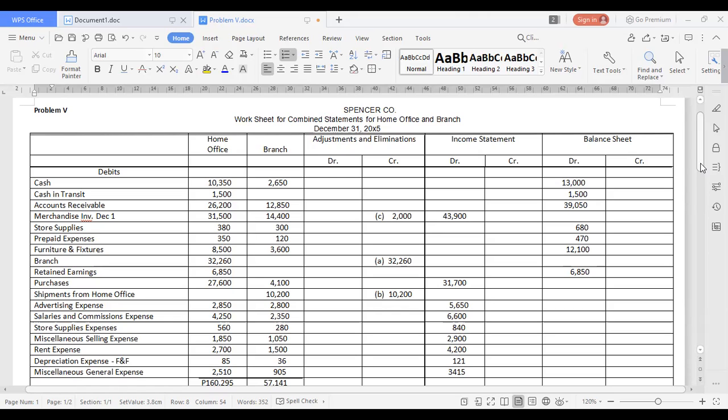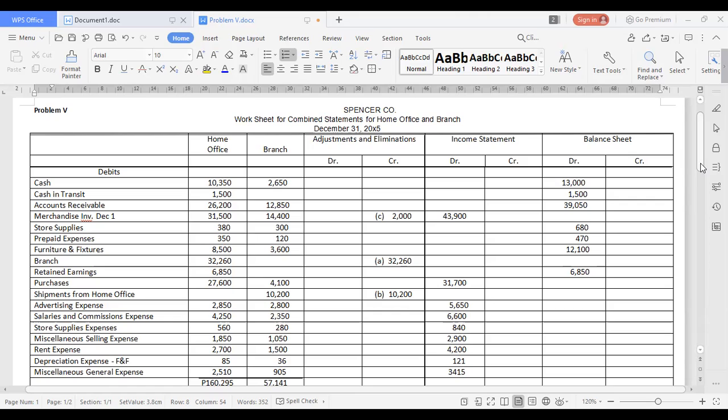So we add 260. So 2,600 minus 350 plus 260 is 2,510 in the books of the home office among the debits.